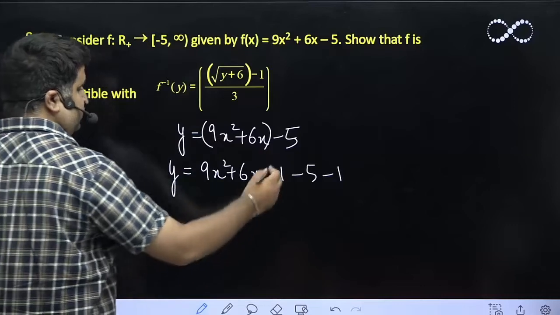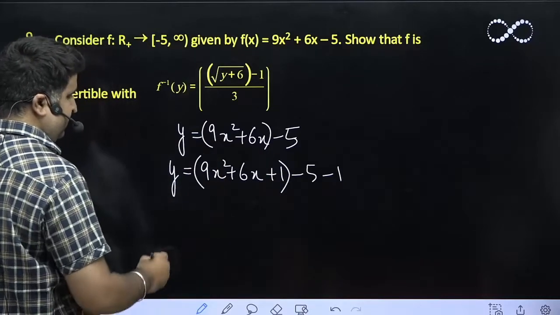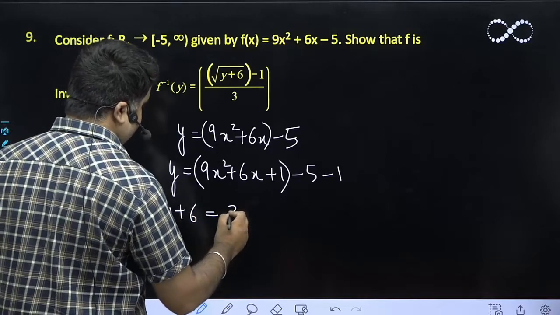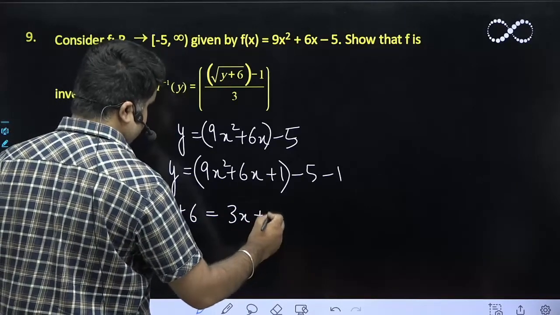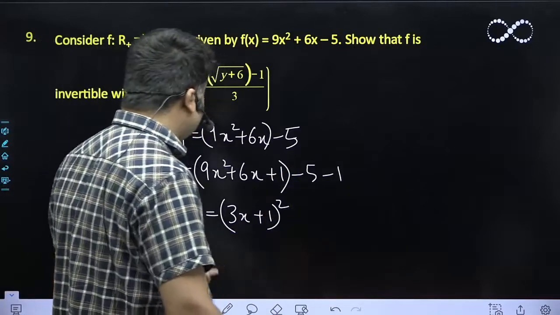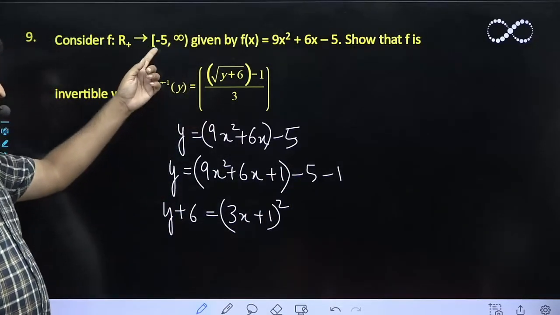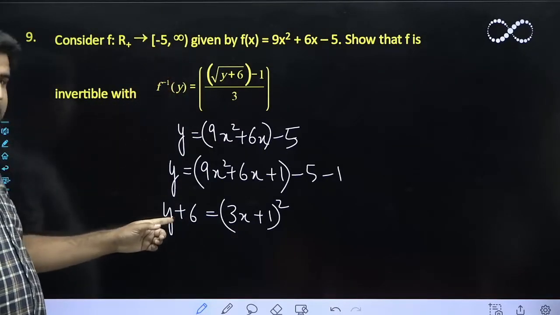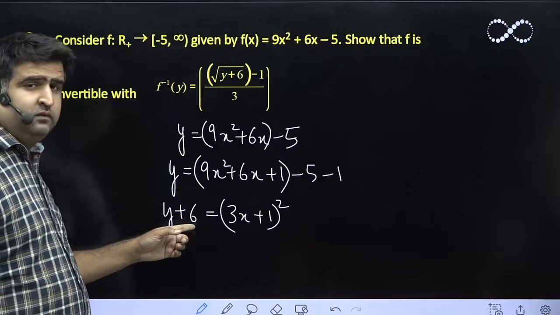So if you complete the whole square here, you get y plus 6 this side, and you get (3x plus 1) whole square this side. Now see, since y is from minus 5 to infinity, therefore this thing will always be positive.